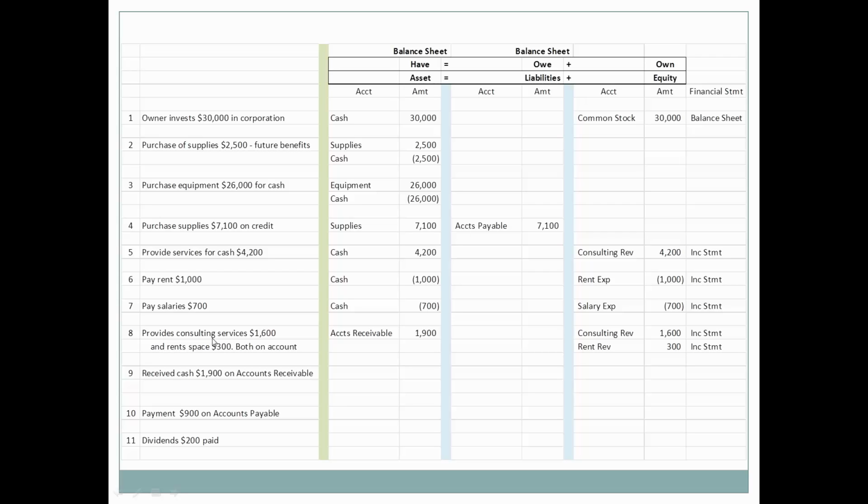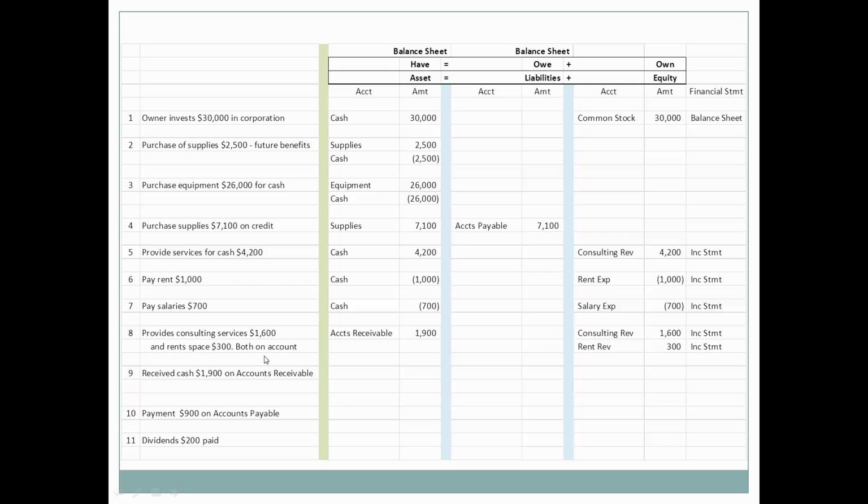Next, the corporation provides consulting services in the amount of $1,600. The consulting revenue will go on the income statement, and it's an increase of equity. And also, it's going to rent space to the same client in the amount of $300. So rent revenue, which increases equity, also on the income statement, is going to increase by $300.